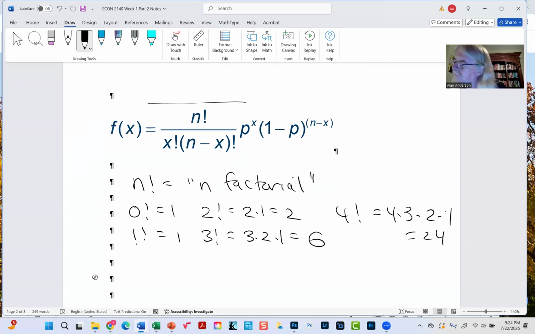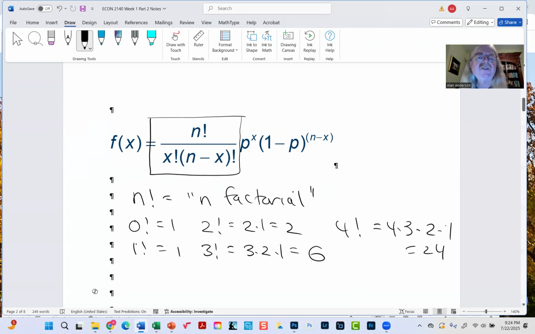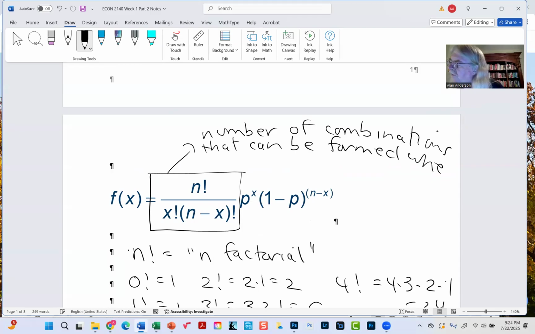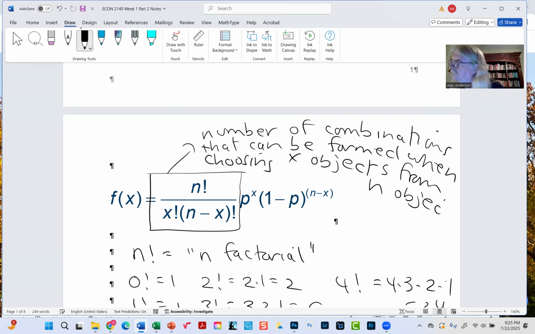You might also recognize that this expression actually represents the number of combinations that can be formed when choosing X objects from N. If you didn't recognize it, that is the formula for combinations.